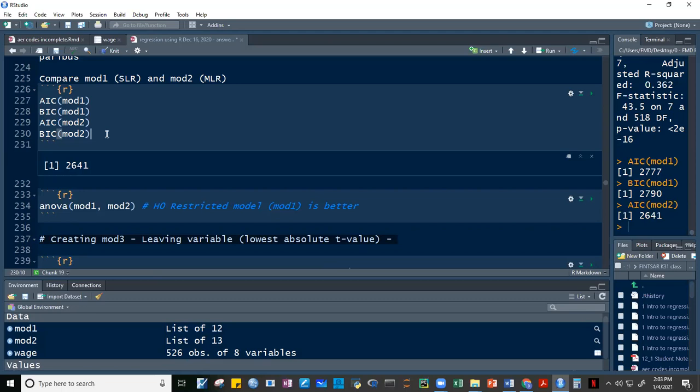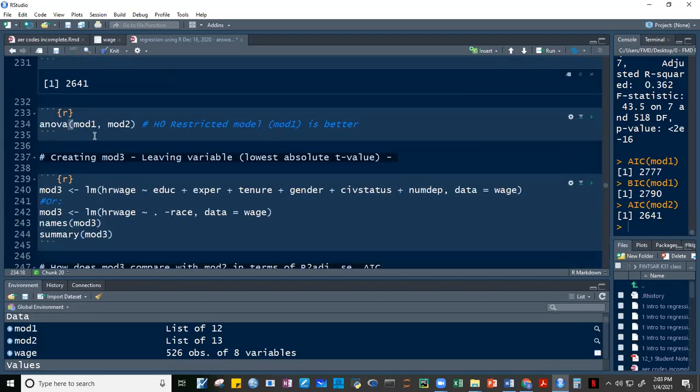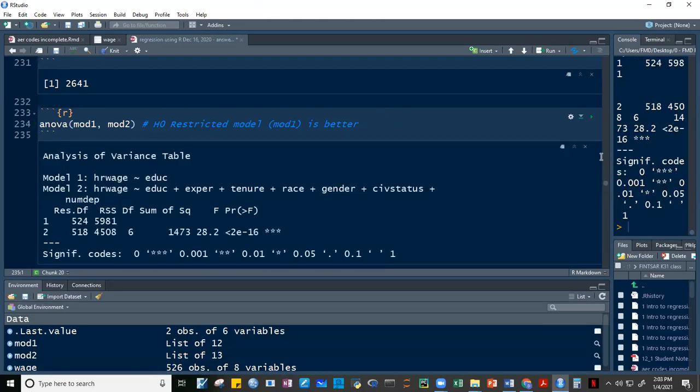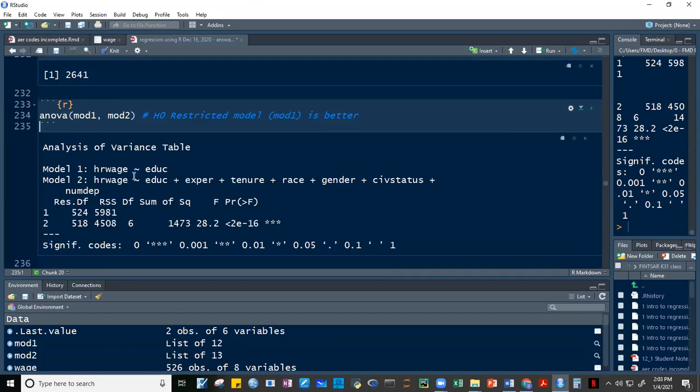Okay, so a formal way to do that is this one, guys. Mag-ANOVA tayo, analysis of variance. Ang hypothesis natin dito, yung restricted model, yung mas konti yung explanatory variables natin. Dito si model 1, iisa lang yung explanatory natin, as compared to model 2, which is 7. Tingnan natin, si education lang yung regressor sa model 1.